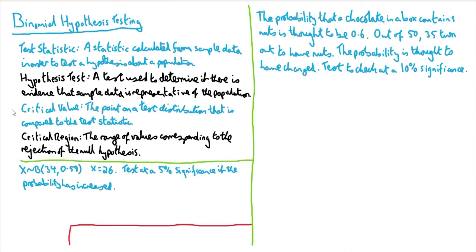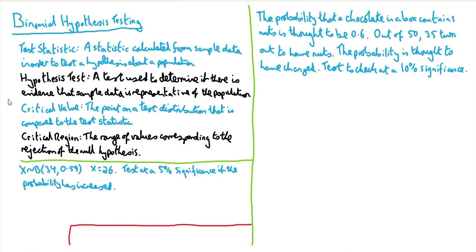This is what needs to be compared to our test statistic here, and if it falls on the right side of an inequality sign, which we'll come to later when we come through the questions, we'll be able to say that yes, this does seem to suggest that our hypothesis was true, or by contrast, that there isn't enough evidence, so we're not going to say it's true for now.